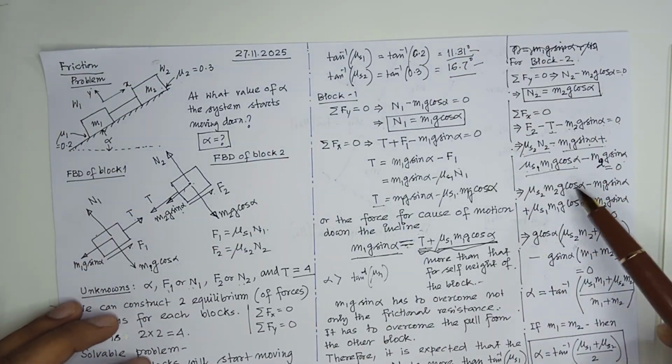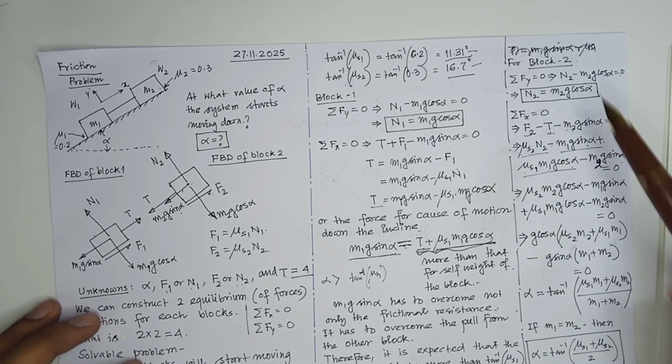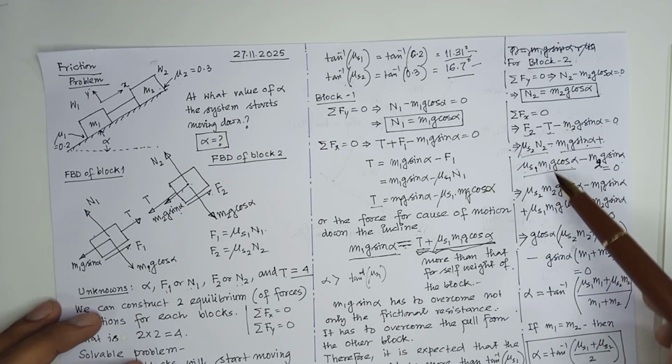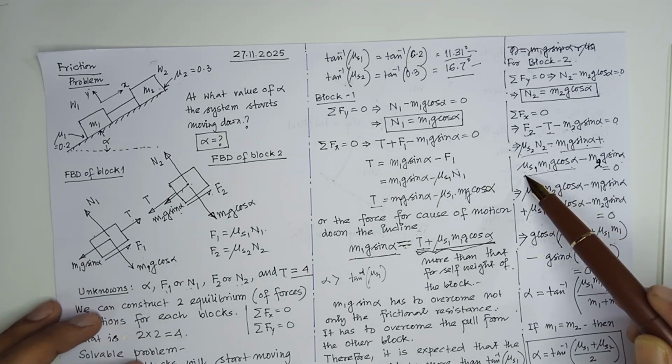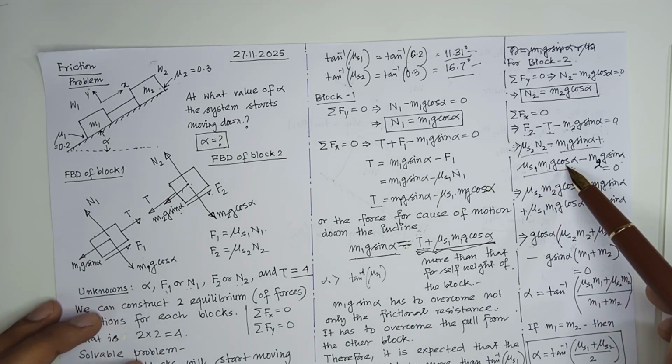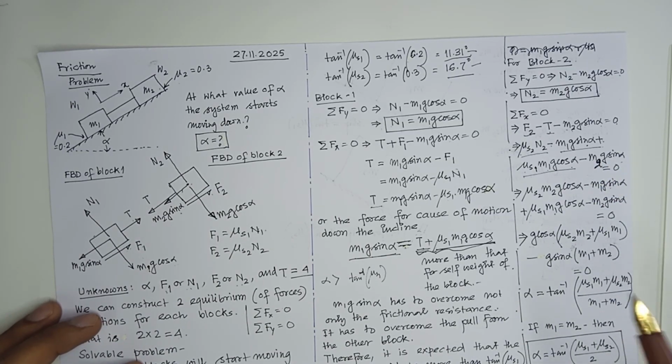Next, I have written n2 in terms of m2g cos alpha. So mu s2 n2 is equal to mu s2 m2g cos alpha minus m1g sin alpha plus mu s1 m1g cos alpha, and minus m2g sin alpha is equal to 0.